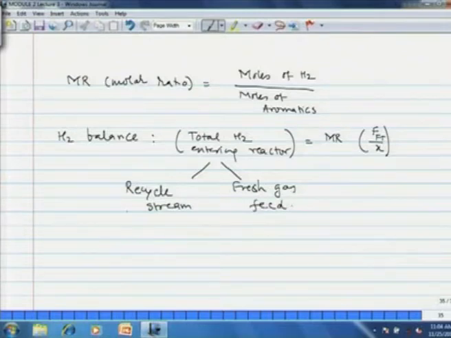Now let the total flow rate of recycle stream be Rg and the mole fraction of hydrogen in that stream be YPH. Now we have used YPH as a notation for the mole fraction of hydrogen in purge gas.